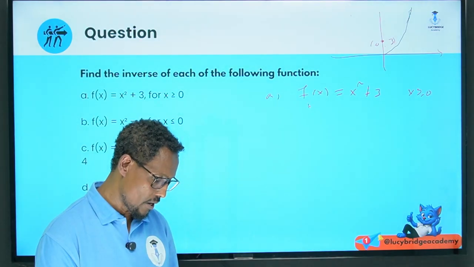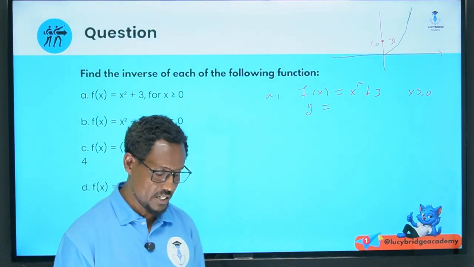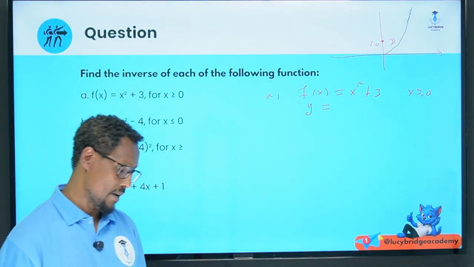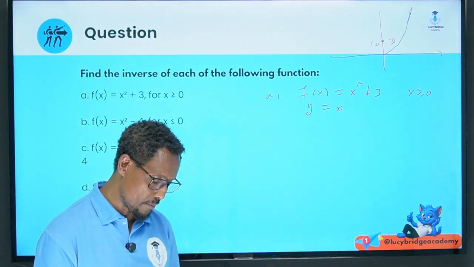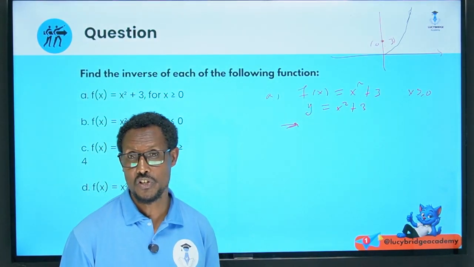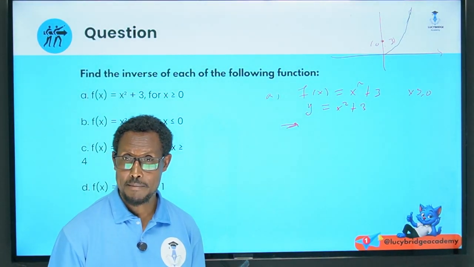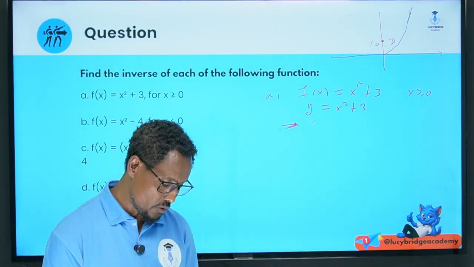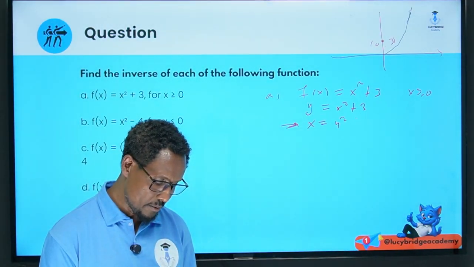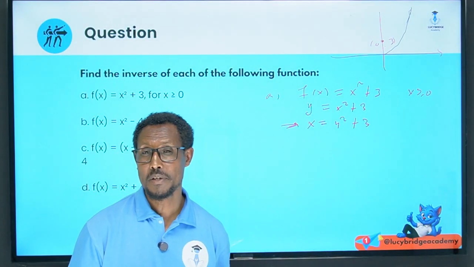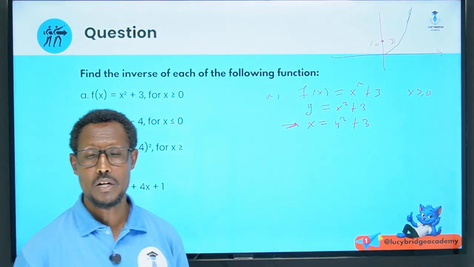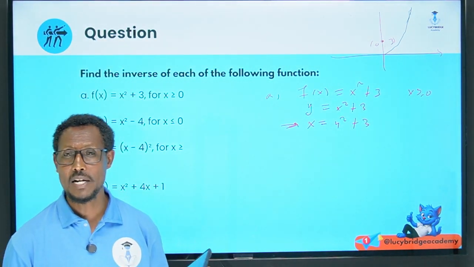Make f of x equal to y. The first step, as we saw before, is replacing f of x with y: x squared plus 3. The next step is interchanging or swapping x and y: x is equal to y squared plus 3. The next step is to solve for y, or write y in terms of x.